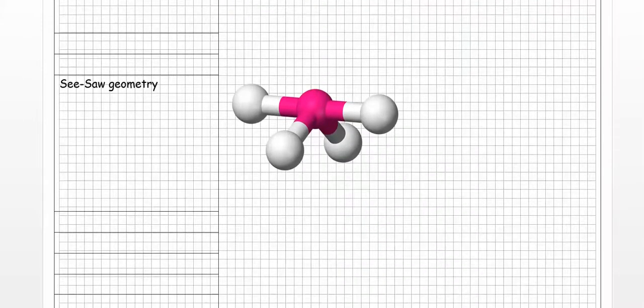And also the seesaw geometry. For obvious reasons, folks, I don't know if you're old enough to know what a seesaw is, but a seesaw is a playground thing that used to be around when I was a kid. One kid would sit right here, I'll draw a kid right there, and one kid would sit right there, and you would go up and down, and it was a lot of fun.